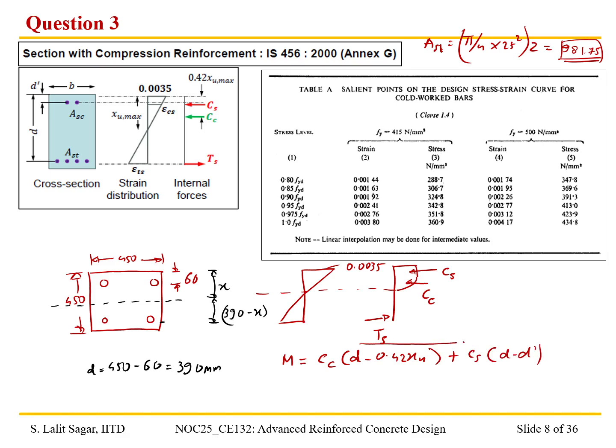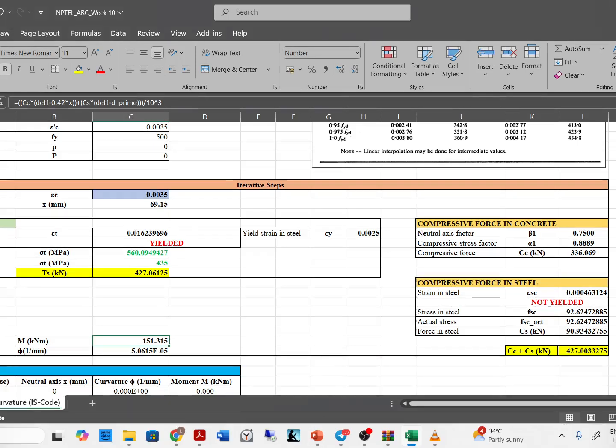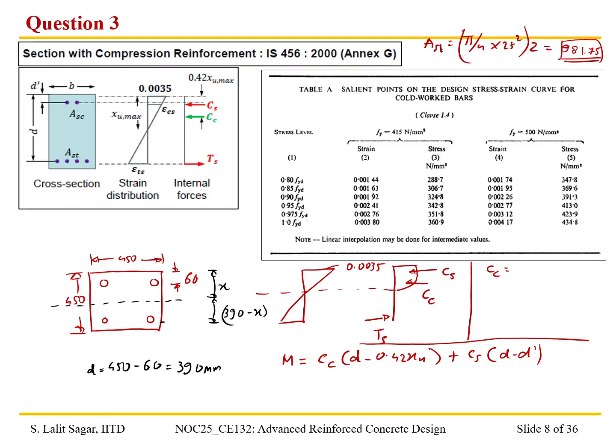Okay, so let me write down the value of each of these terms, right? Cc is the compressive force in concrete, right? So that is 336, yeah, let me write 336 kilonewton, right?